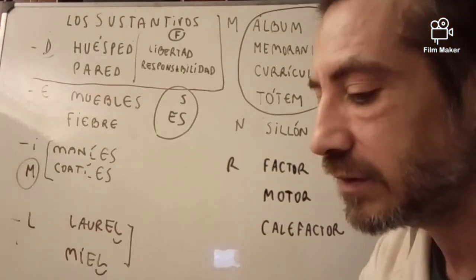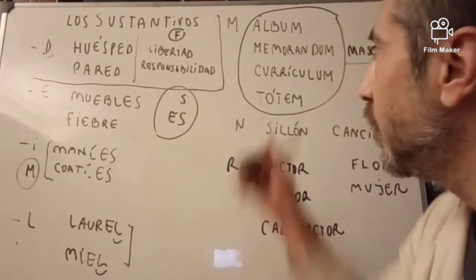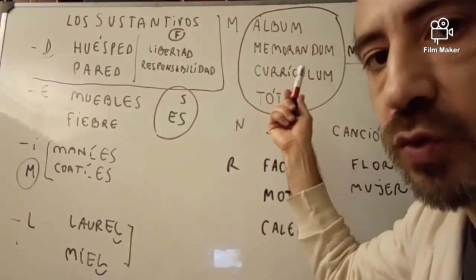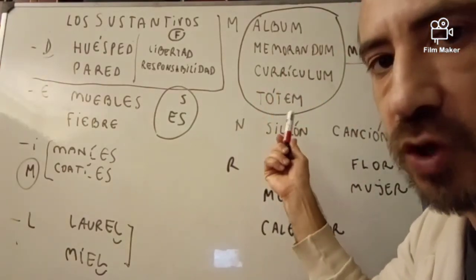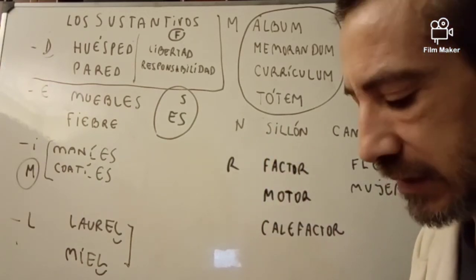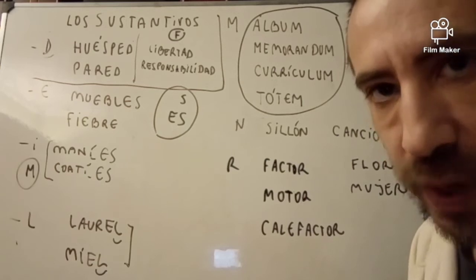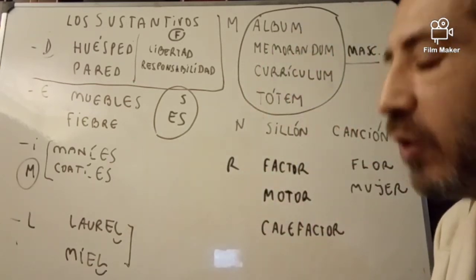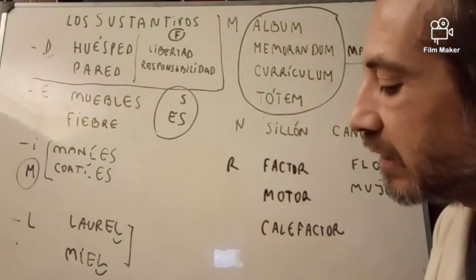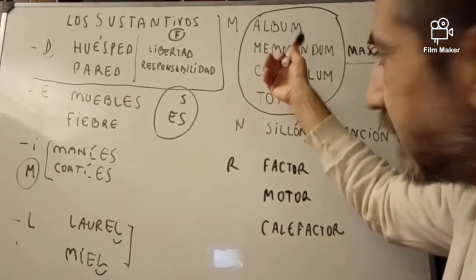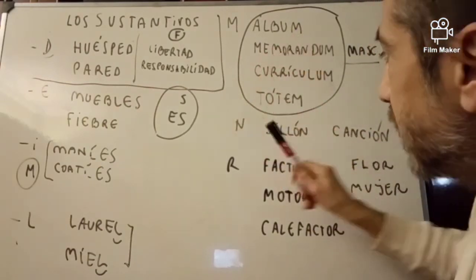In fact, we must say album, memorandum, curriculum, and totem. But many native speakers pronounce them in a wrong way and turn this into an n because it's a rare letter at the end of a word in Spanish.